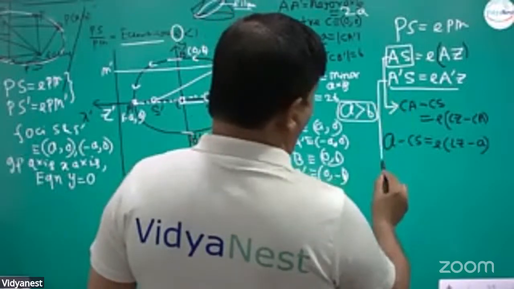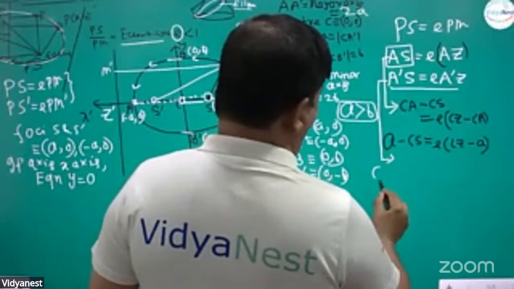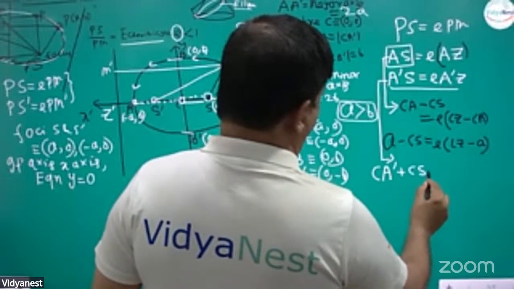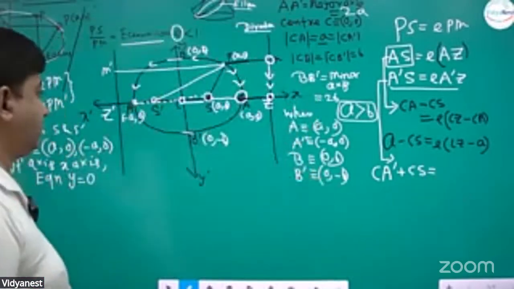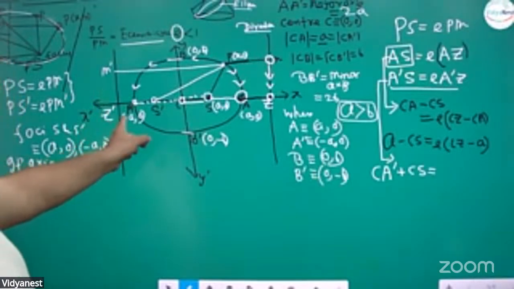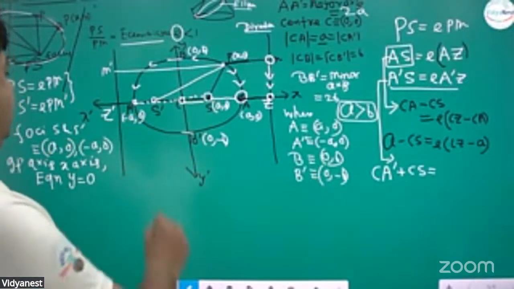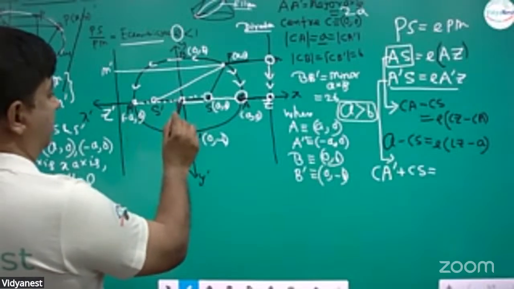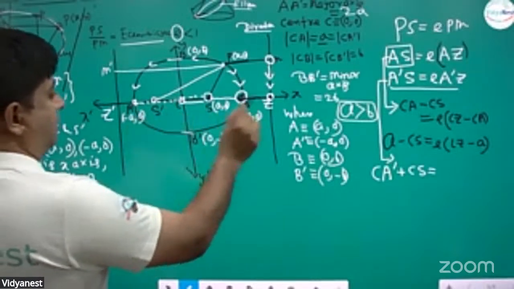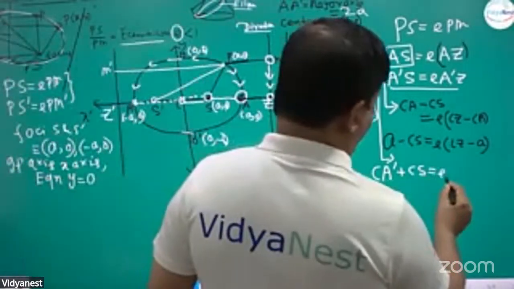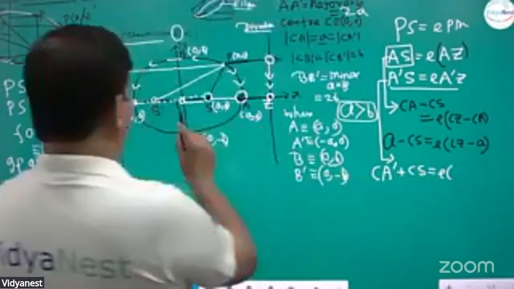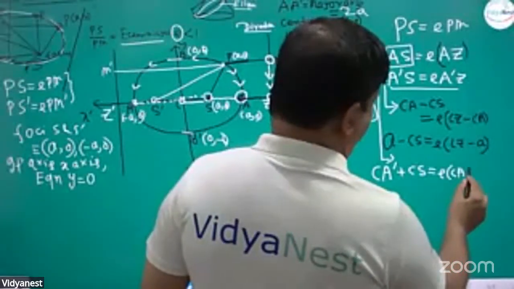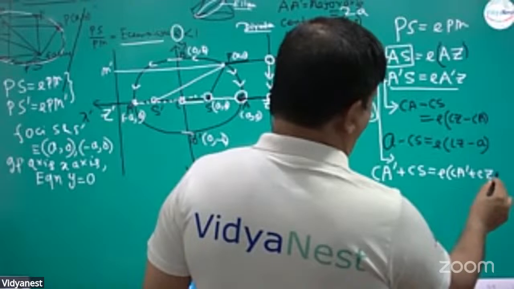So, in case of A dash S, I will write CA dash plus CS, and A dash Z is clearly visible CA dash plus CZ.